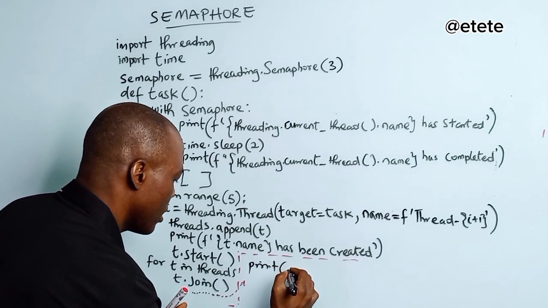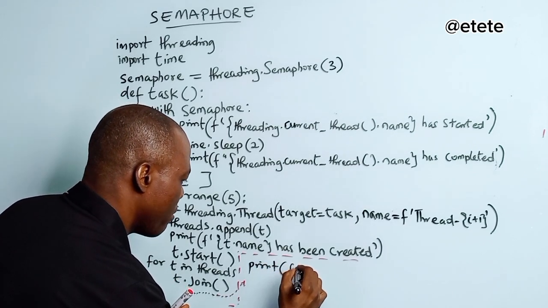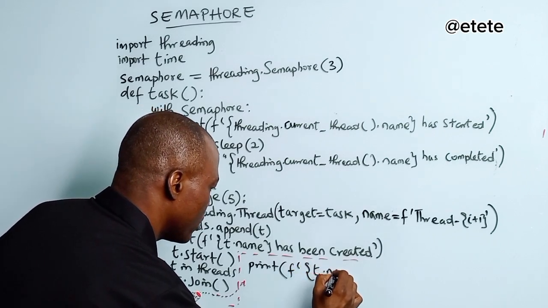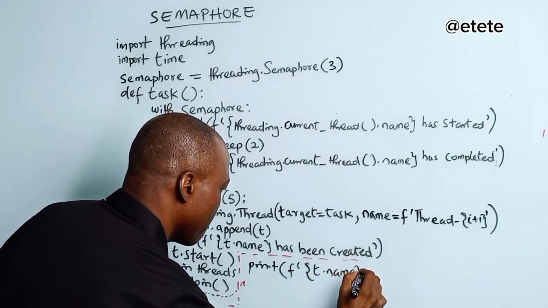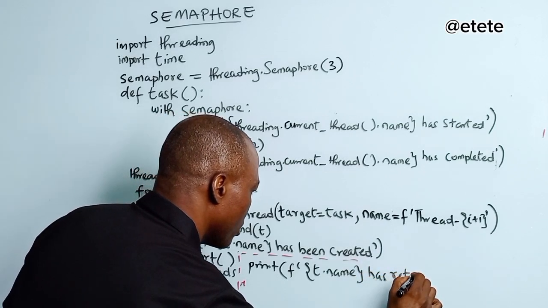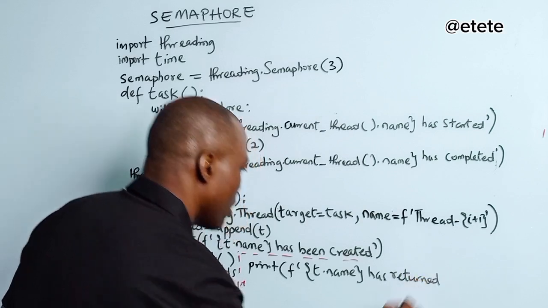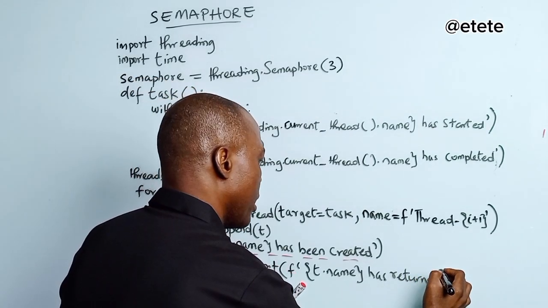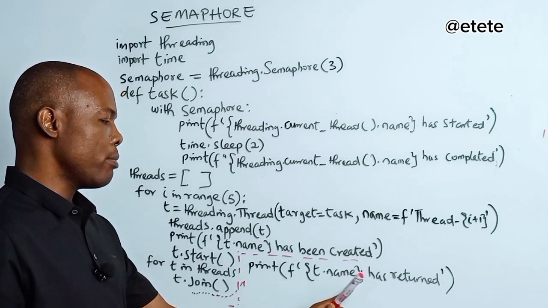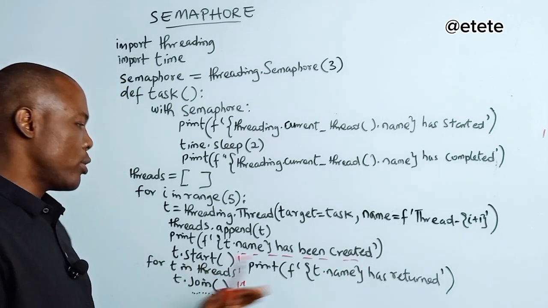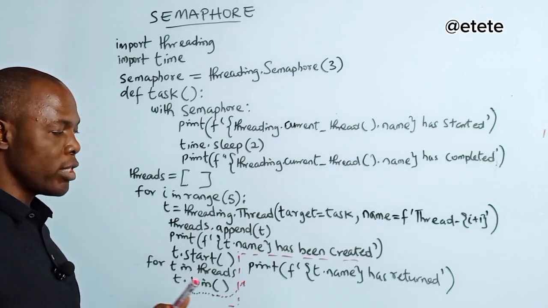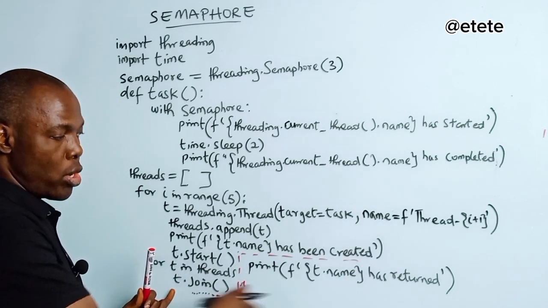Print format string t dot name has returned. Then I will close this. So this prints t dot name. So thread 1 has returned, thread 2 has returned, thread 3 has returned, thread 4 has returned. All of them will still be inside this loop. So this loop will have to run all this.